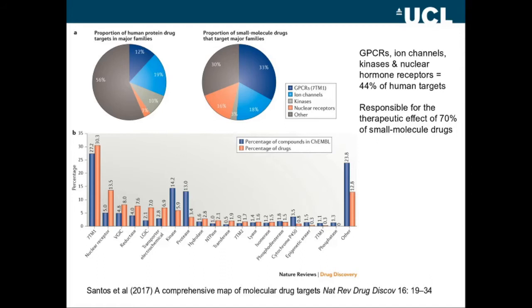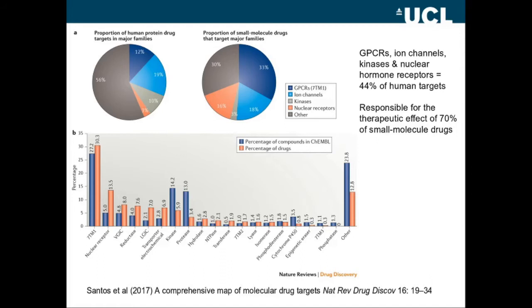So you can see, for example, that GPCRs in the dark blue make up only 12% of the proteome, but 33% of drugs, so nearly 3 times overrepresented.